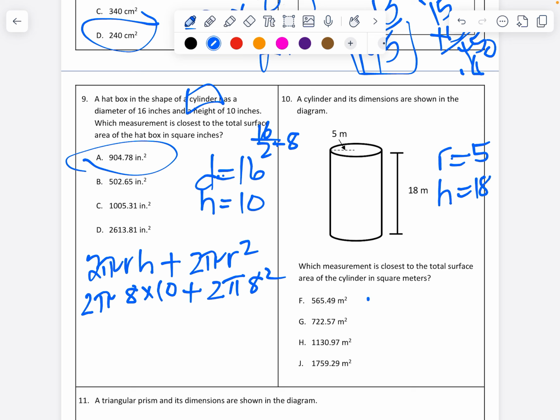It's going to be 2 times pi times our radius, which is 5, times the height of 18, plus 2 times pi times 5 squared. And when we do this one, we get G.